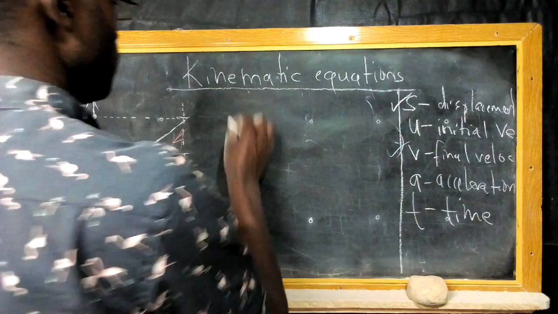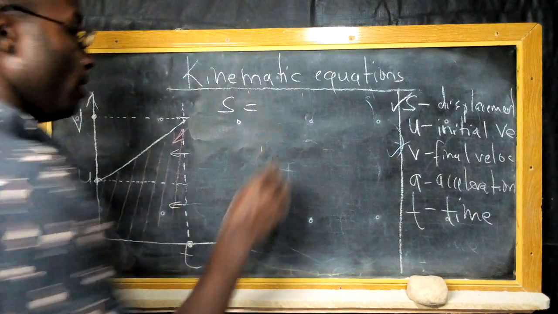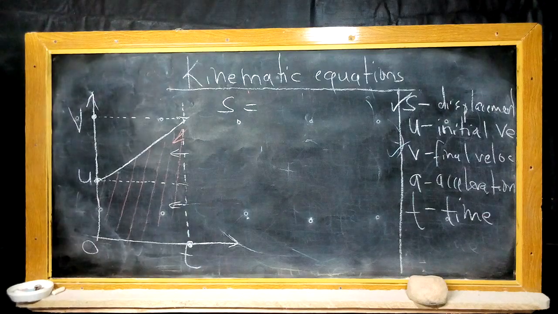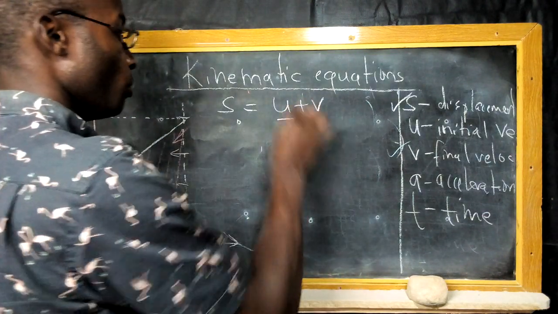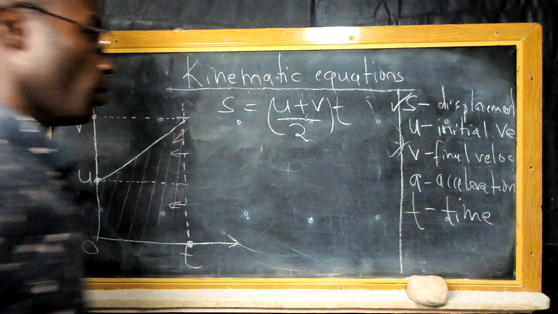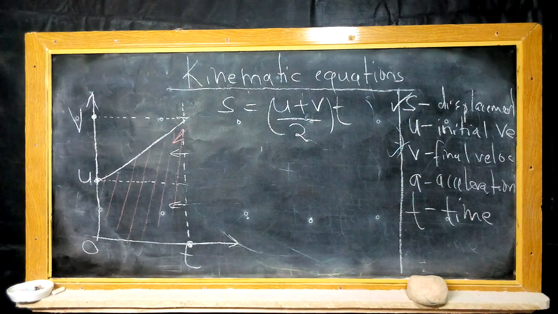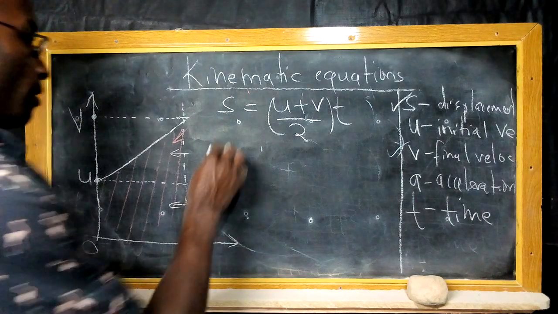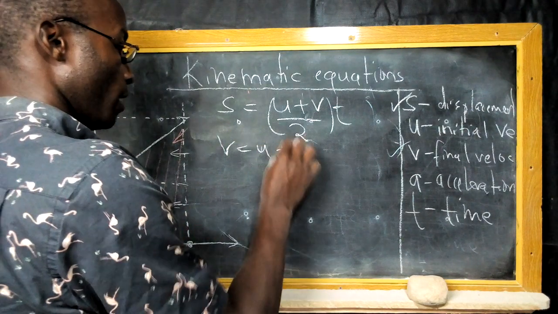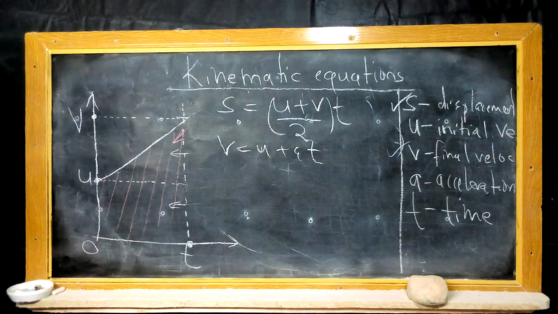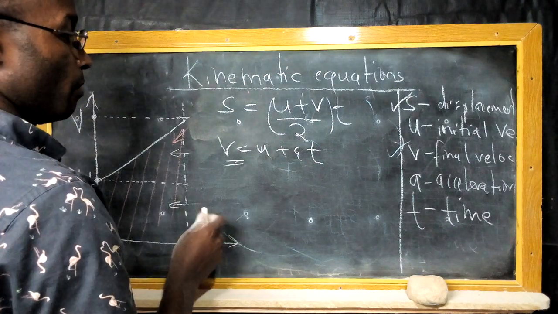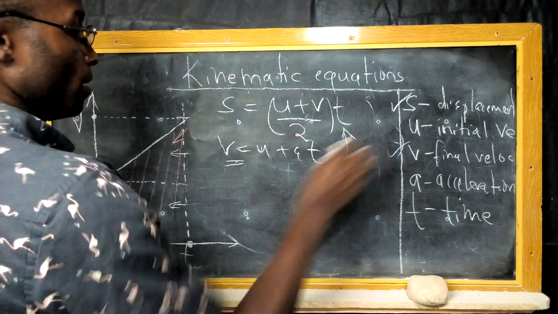Our final derivation of the s that we had written for displacement, we gave it as initial plus final over 2 times time. So that was the average velocity times time. And then we had said that v is equal to u plus at. Looking at this as well, we can make t the subject of the formula so that we can make a substitution at that point.